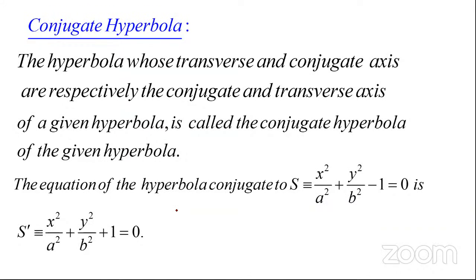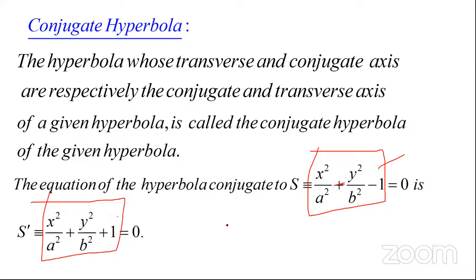So now, the hyperbola equation is x square by a square minus y square by b square equal to 1, that is, S: x square by a square minus y square by b square minus 1 equal to 0.